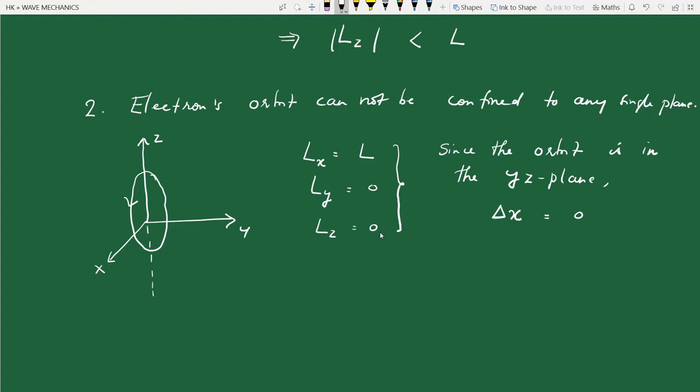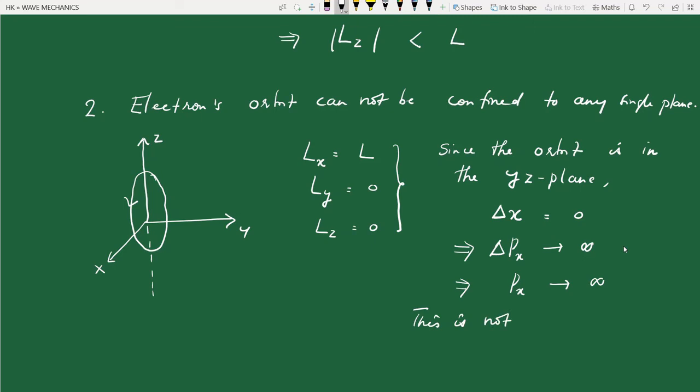Then according to the uncertainty relationship between x and px, if delta x is 0, delta px tends to infinity. Delta px is infinitely large, which means the x component of momentum is infinitely large, right? But this is not possible.